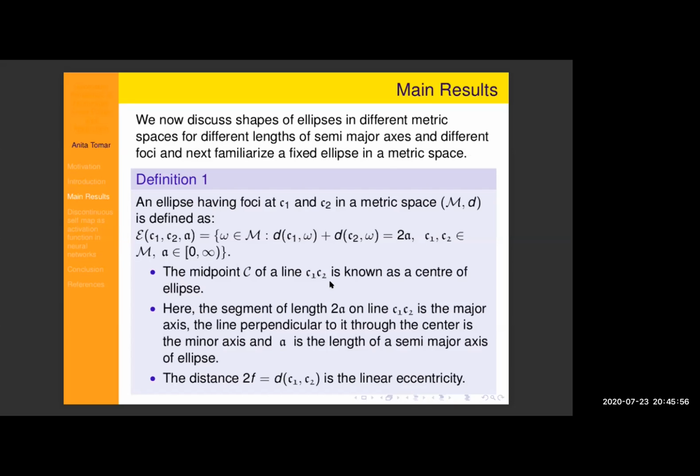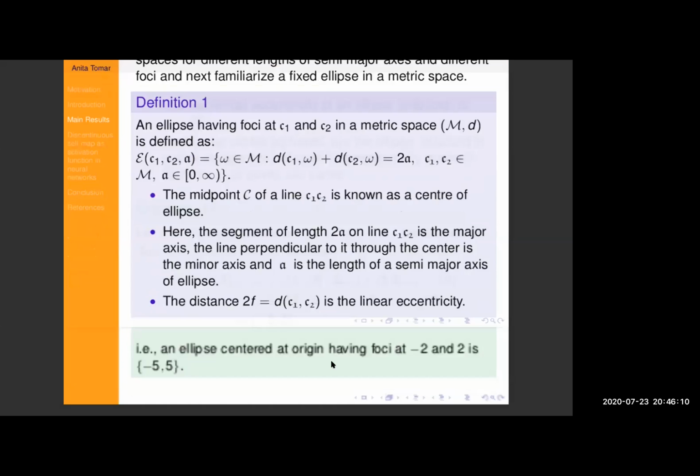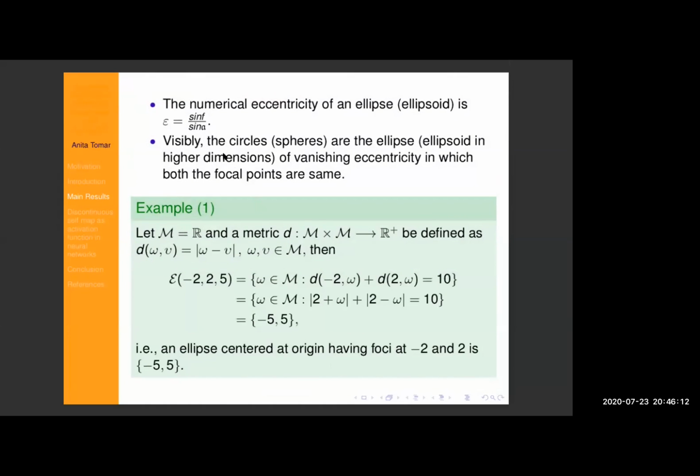The line joining C1 and C2 is the major axis and the line perpendicular to it is the minor axis. The distance between the two foci is the linear eccentricity of the ellipse, and the ratio of that to A is the numerical eccentricity. So we can see circles as ellipses of vanishing eccentricity, in which both focal points are the same.